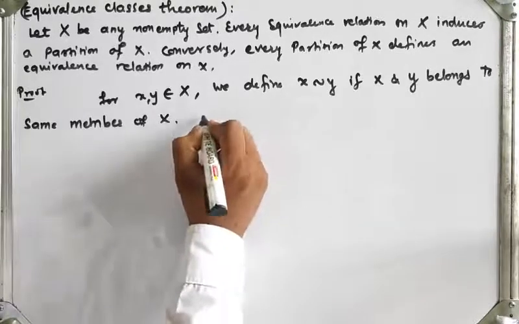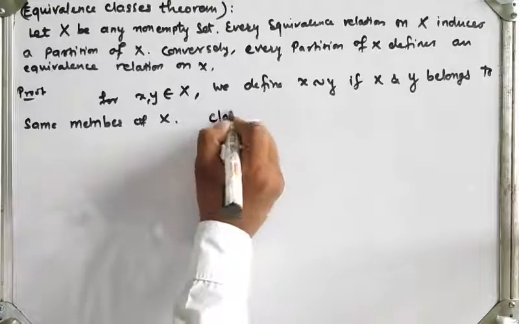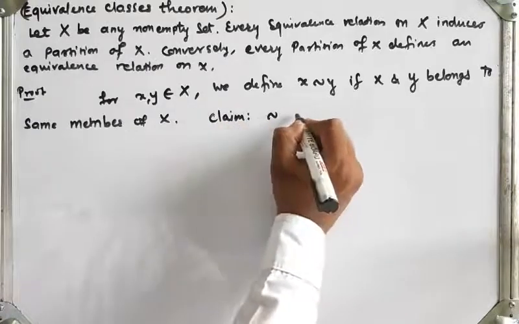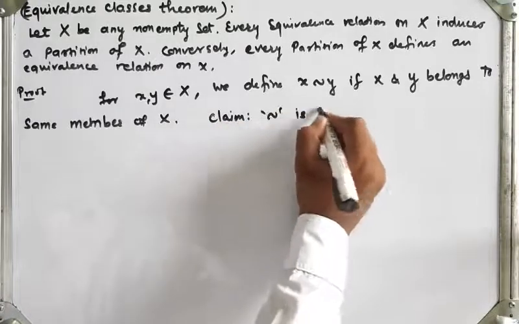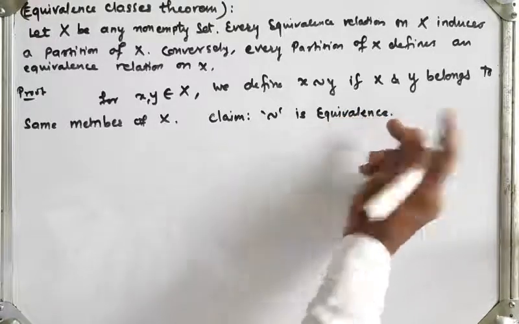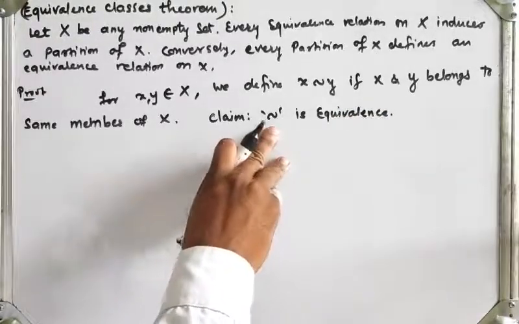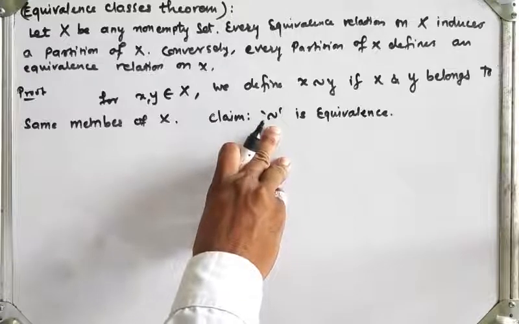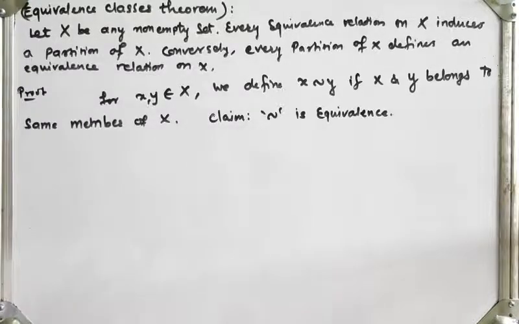So what is our claim? Tilde is an equivalence relation. Tilde being an equivalence relation means we have to show that tilde must be reflexive, symmetric and transitive.